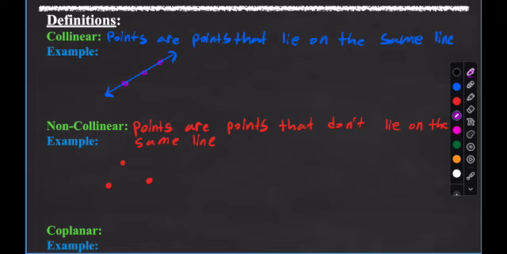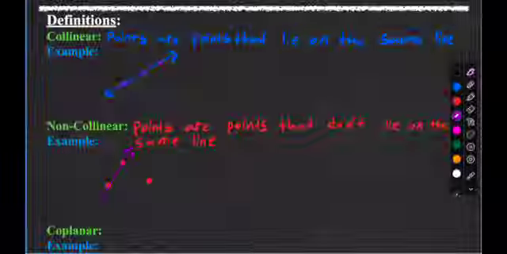So for non-collinear, we have to decide which 2 points we want to send the line through. We can send it through these 2 points down here. The third one's not on the same line. Or we can send it through these 2 points up here. Notice the third point is not on the same line. Those points are non-collinear. Remember, collinear, they lie on the same line.